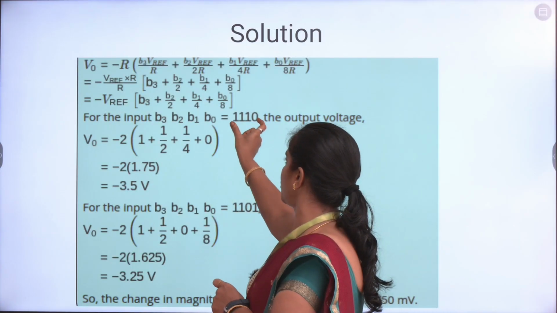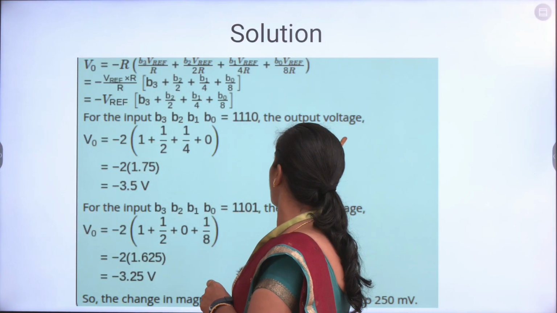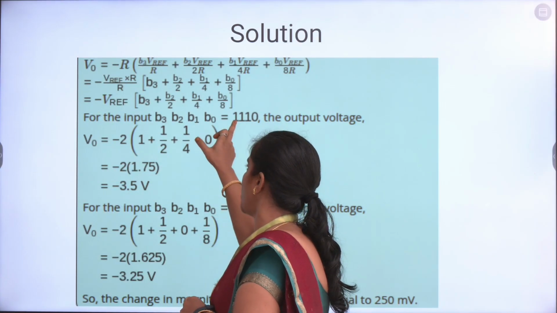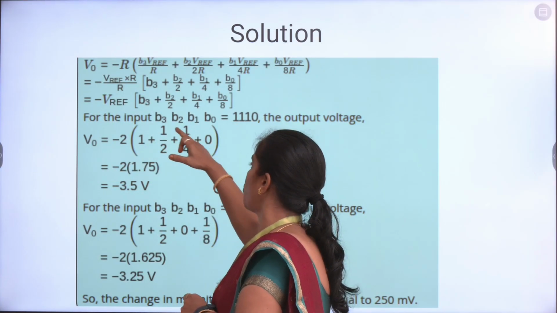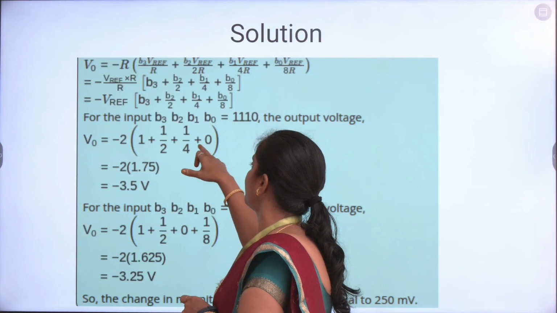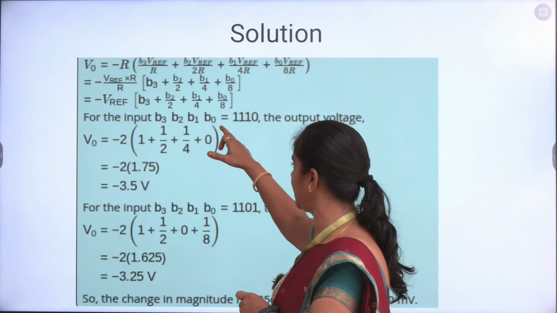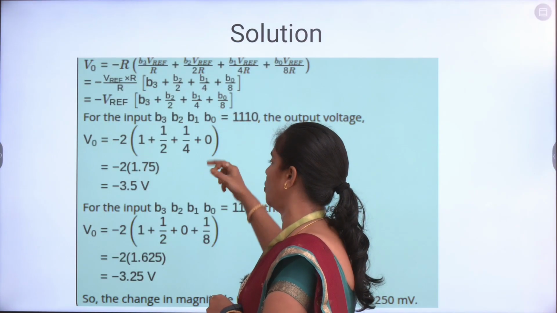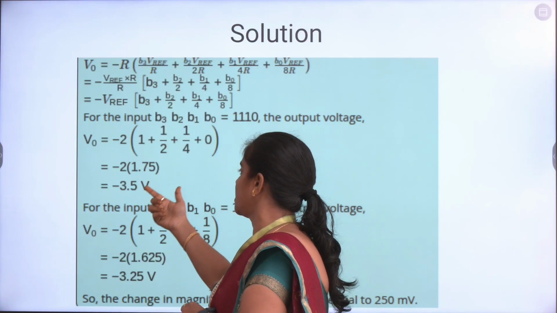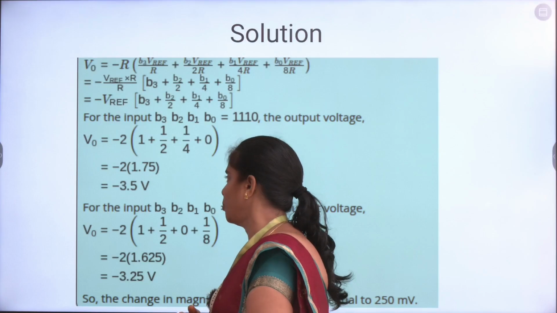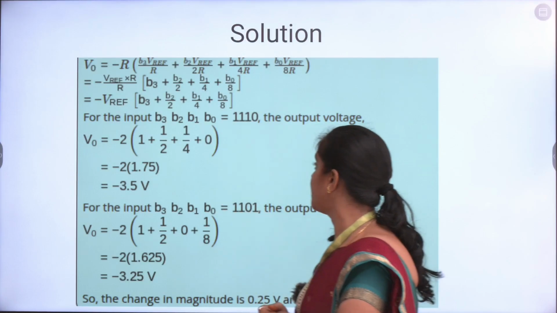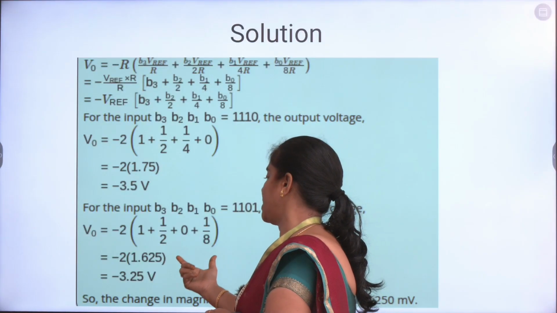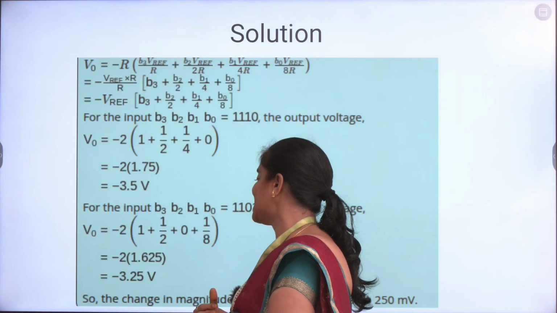So for the bit pattern of 1110, we get the output voltage V0 as minus 2 into, B3 is 1, so 1, plus B2 is 1, so 1 by 2, plus B1 is 1, so 1 by 4, plus as the bit B0 is 0, this particular term becomes 0. On solving this equation, we get minus 3.5 volts output voltage, and for the next binary sequence of 1101, we proceed in the same way and get a voltage of minus 3.25.